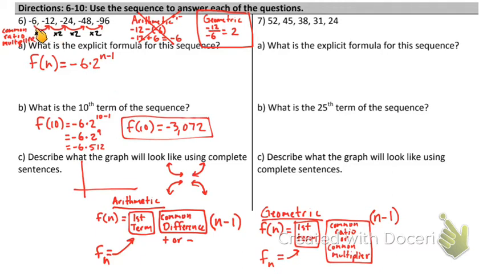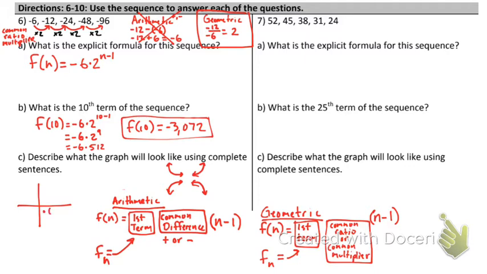Very simple. We're going to look at our first number in our sequence, okay? Let me adjust my graph so I have a little bit more room. Okay, and I'm just going to sketch. It's not going to be accurate. I just want to see the shape. So if you look at negative 6, this is actually your output or your y value. This is my first term, and it's negative 6. So I'm going to go on the x value, my first term, and I'm going to go down 6.